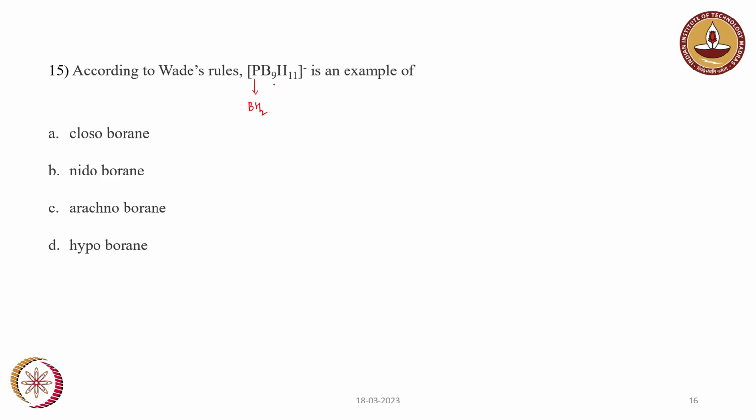So when we rewrite this whole one, PB9H11, we can rewrite as BH2 for phosphorus, then B9H11. That will form a total of 10 boron, and there is a negative charge, then H13.